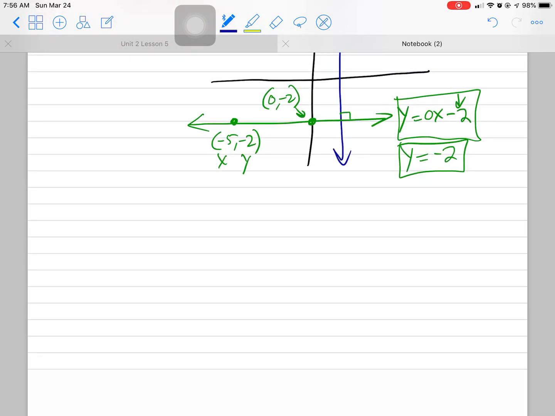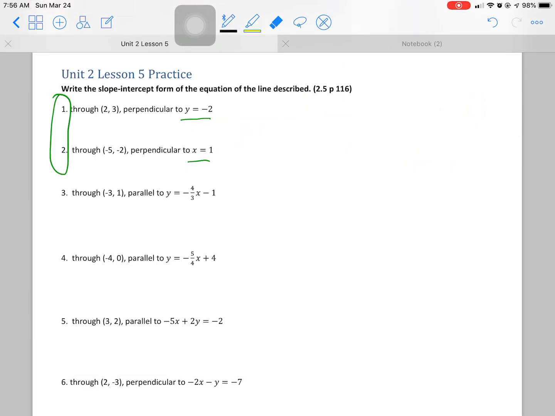All right, let's go back to this other one here for a minute. All right, number 3. Parallel to this line. Well, what is the slope? This equation is in slope-intercept form. Therefore, you can just look right here, and m equals -4/3. Okay?